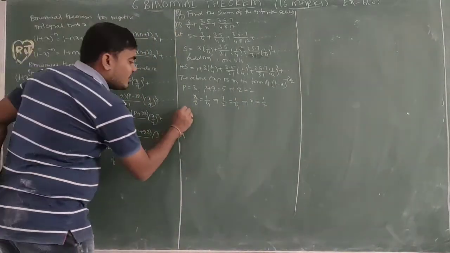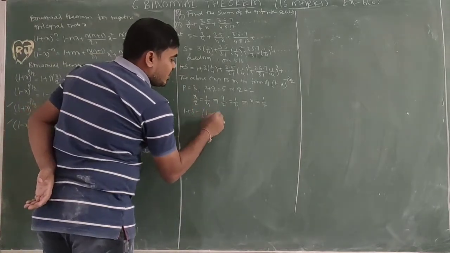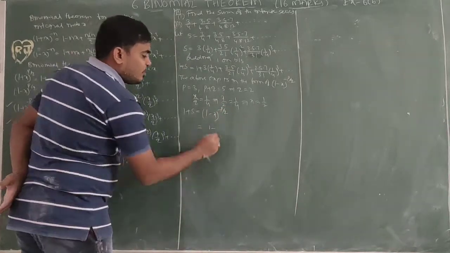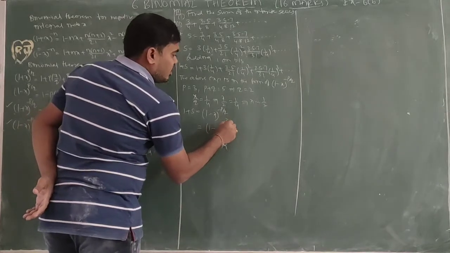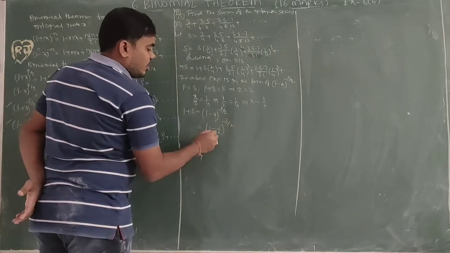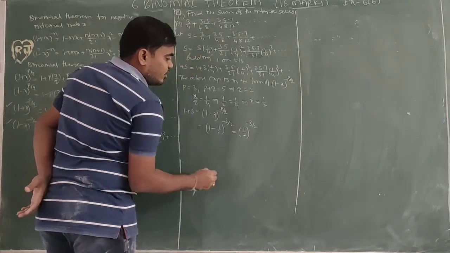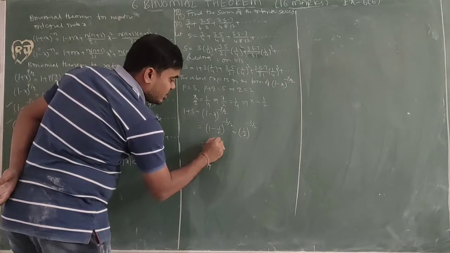Now 1 plus S equal to 1 minus x whole power minus p by q. 1 minus x equal to 1 by 2 whole power minus p by q, with q 2. So 1 minus 1 by 2 is 1 by 2 whole power minus 3 by 2. This negative power brings it to the numerator, 2 power 3 by 2.